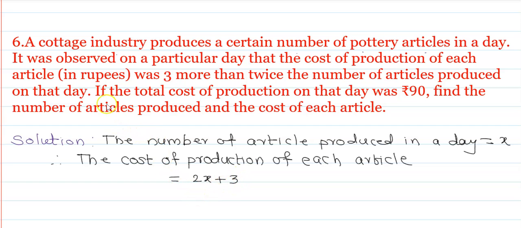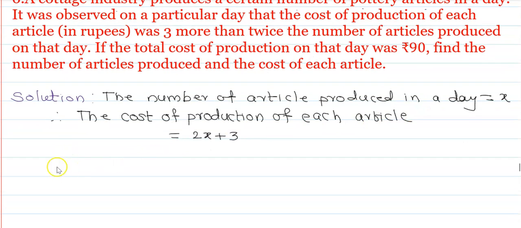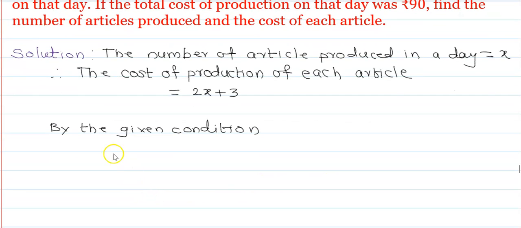Okay. And what we have given, if the total cost of production on that day is rupees 90. Therefore, by the given condition, the total cost of production on that day, the number of articles into the cost of production.